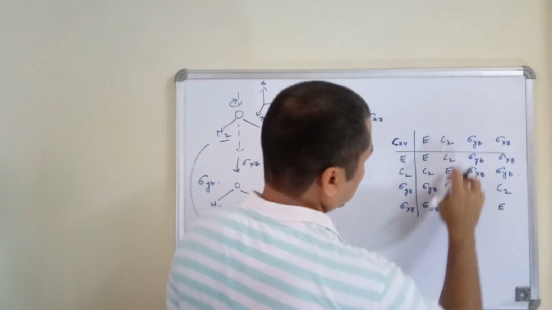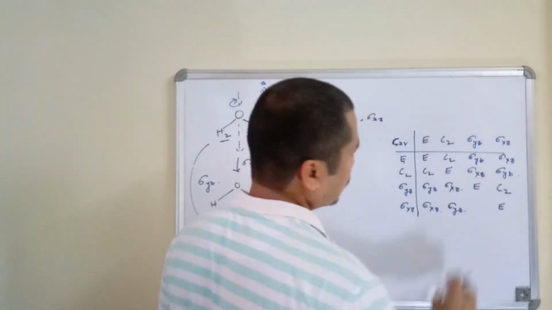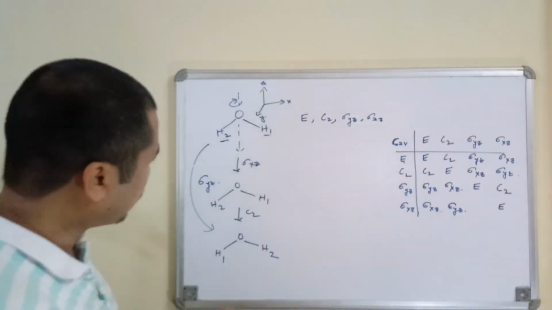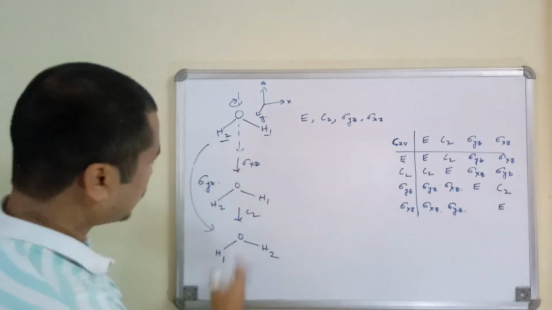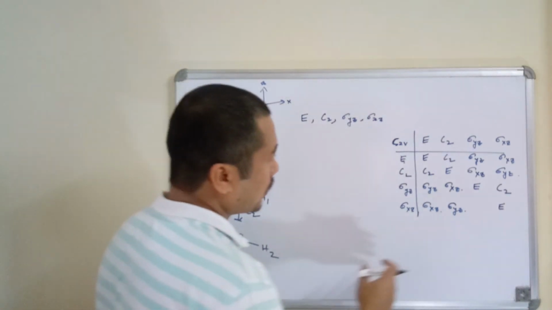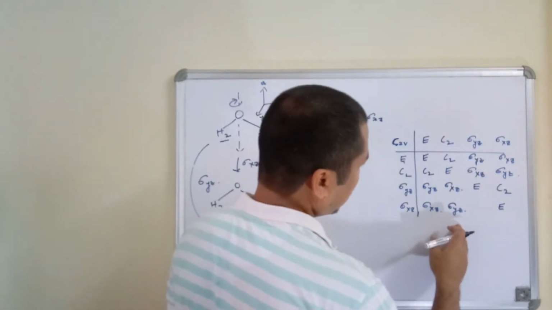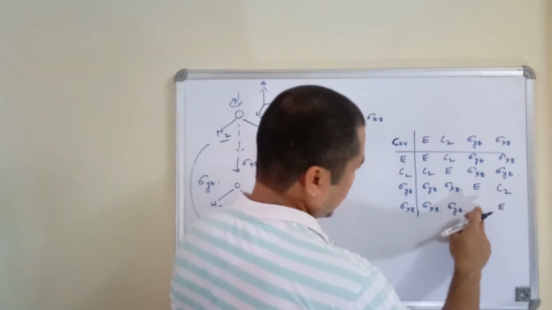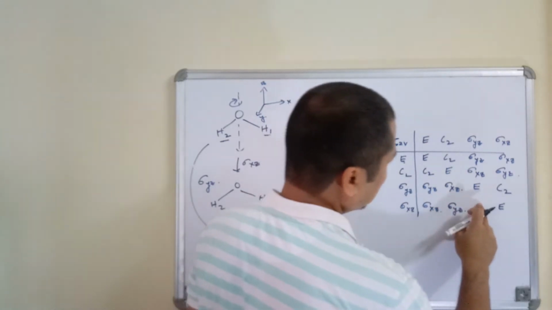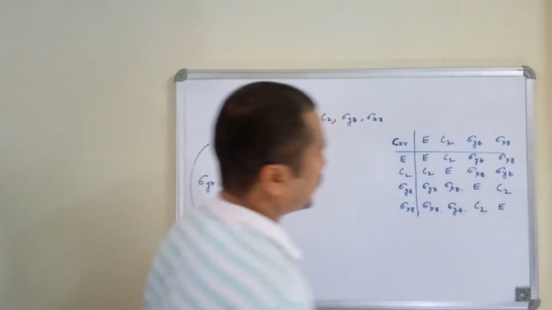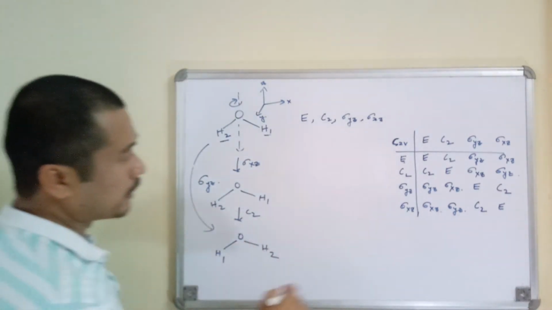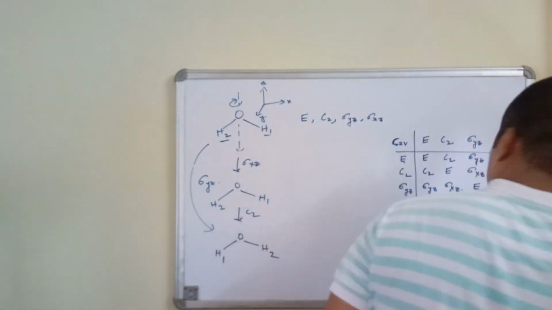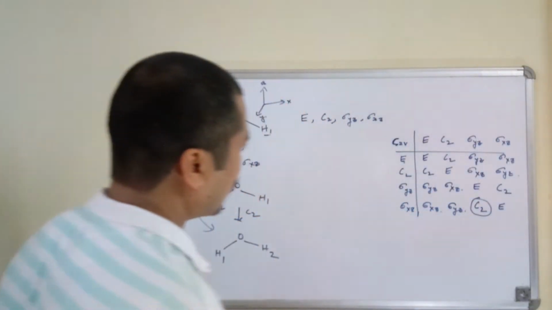Again you can see it is possible to now complete the group multiplication table without doing any further verification or doing the symmetry operations in successive ways, because we know as per rearrangement theorem, in this particular column only one symmetry operation has not appeared so far, that is the C2 operation we can write. But we will of course verify whether we can write like this or not, because at times you may think that this is going to give us a wrong answer.